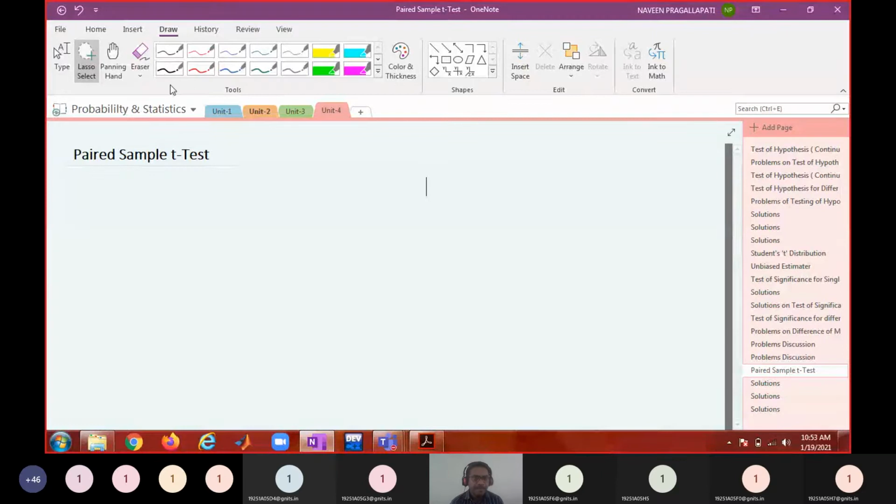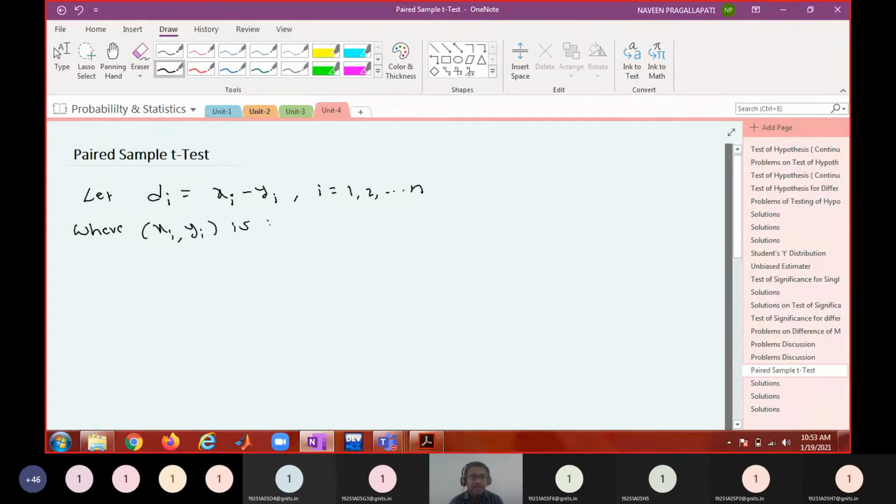So what is your assumption now? Let di equal xi minus yi, i equals 1, 2 and so on to n, where xi, yi is the paired data obtained before and after a particular process.